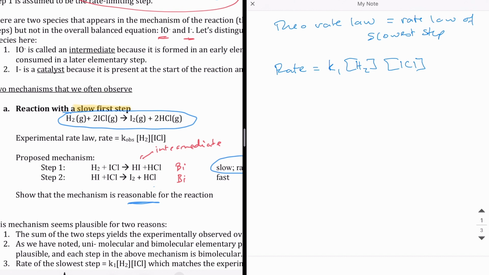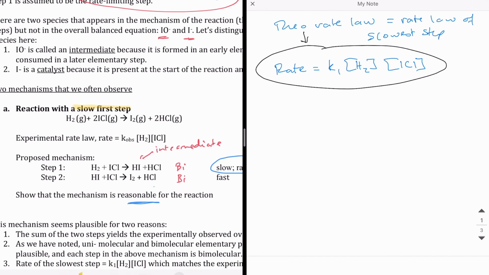Now, both of them are going to be raised to the first power because the coefficient of each reactant in this step is 1. We can set order equal to stoichiometric coefficient because this is an elementary step. So this equation right here that I wrote is my theoretical rate law. And my experimental rate law is shown on the left. I'm going to just highlight it in yellow.